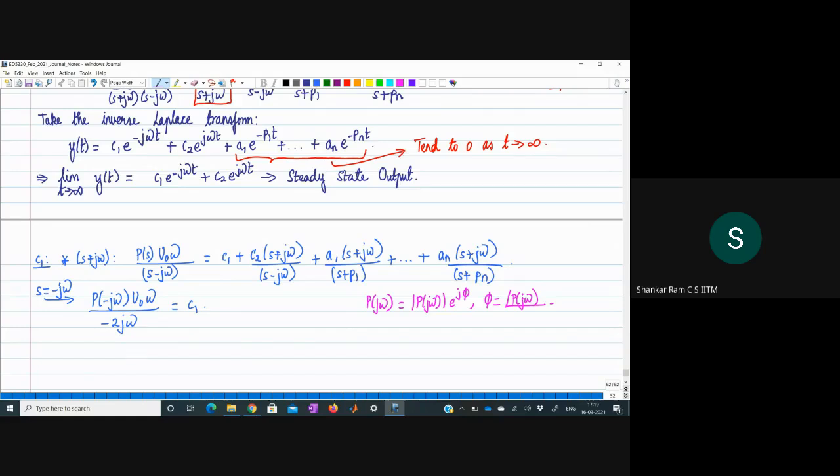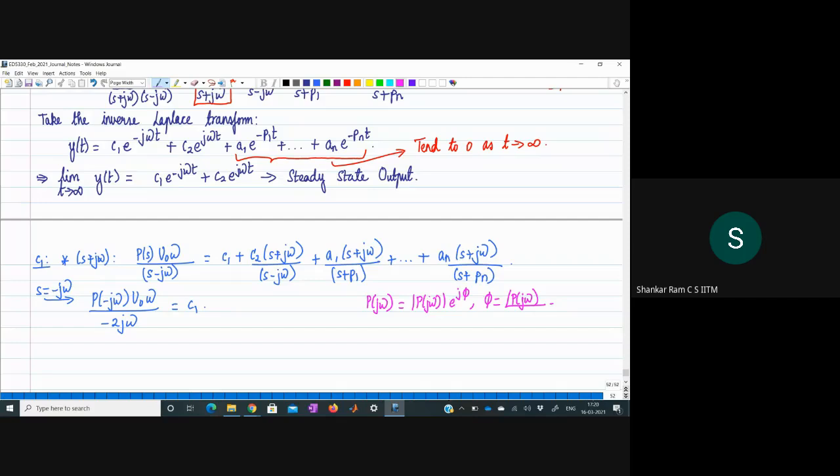So this is another representation of the complex quantity P of j omega. As we already know, any complex variable we can write in terms of its real part plus j times the imaginary component.